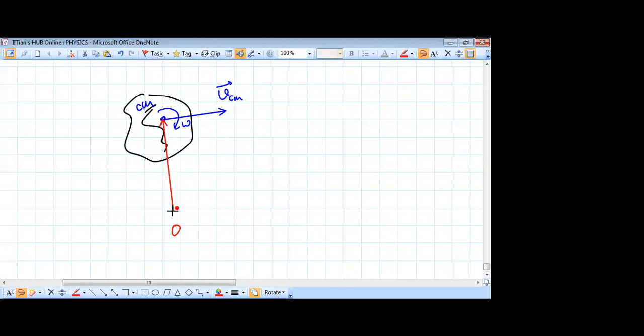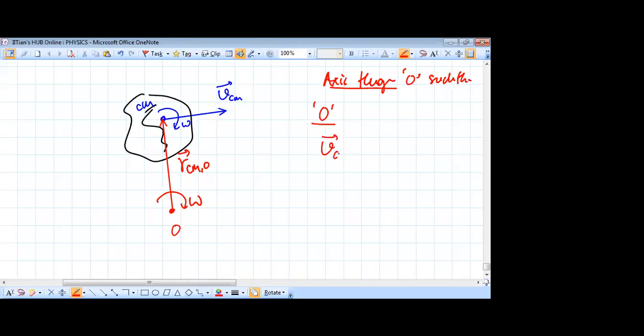I'm just saying that I can always find some point or some axis about which this property that we had written is satisfied by the center of mass. That if we assume omega about this point and the position of the center of mass is Rcm, so we appoint the axis at O, the axis O is such that Vcm is equal to omega cross Rcm with respect to that.